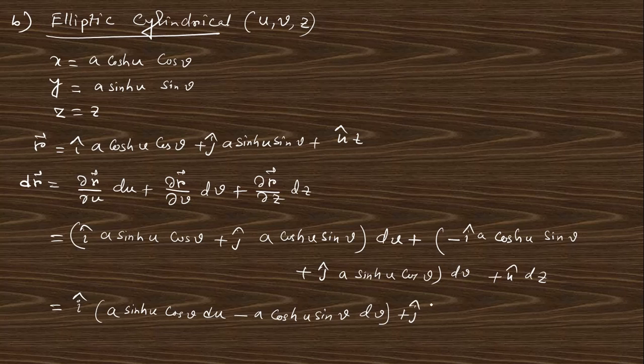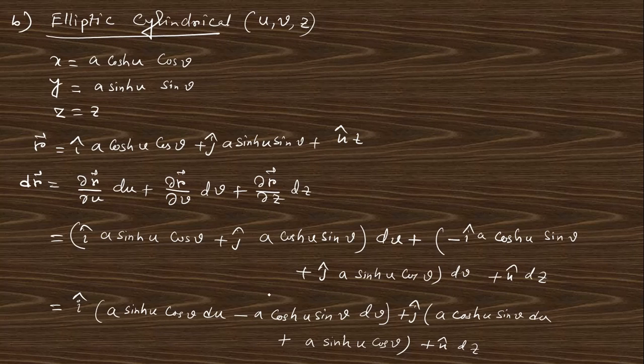Similarly j cap a cos hyperbolic u sin v du plus a sin hyperbolic u cos v dv, and for k cap this is only dz, right? So this is the dr vector.